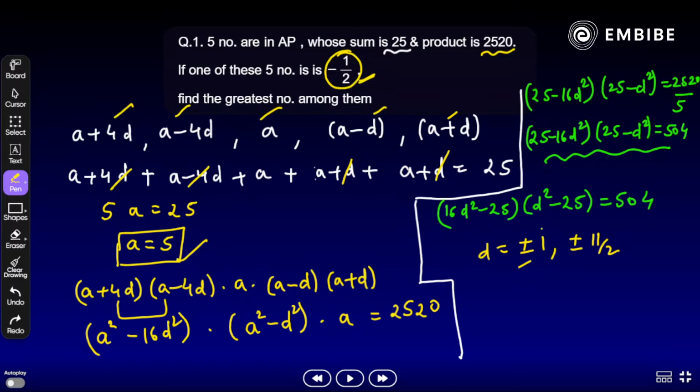Okay, no, we cannot get the value. Once we substitute plus 1 or minus 1, we cannot get any term as minus 1/2.